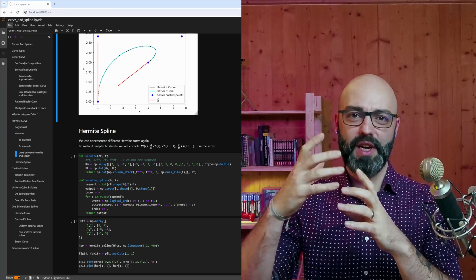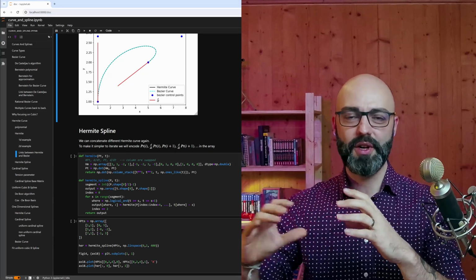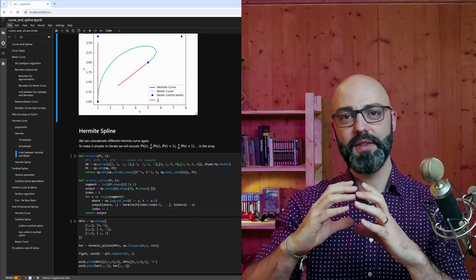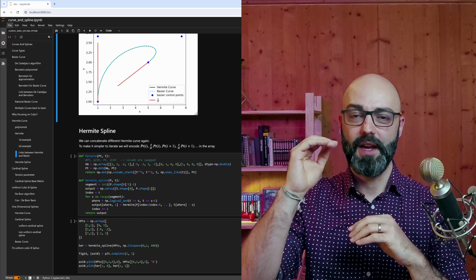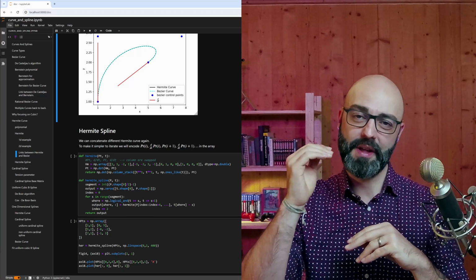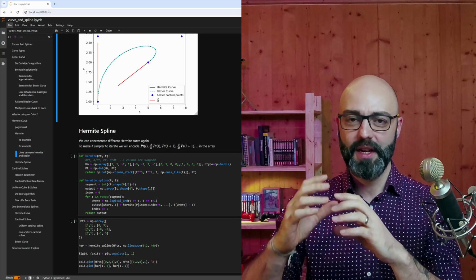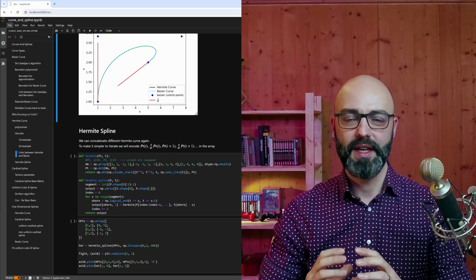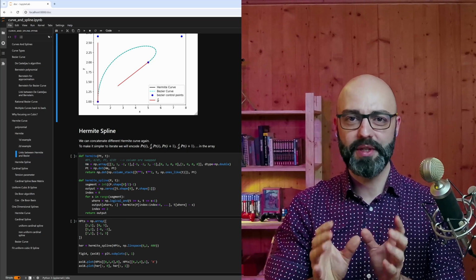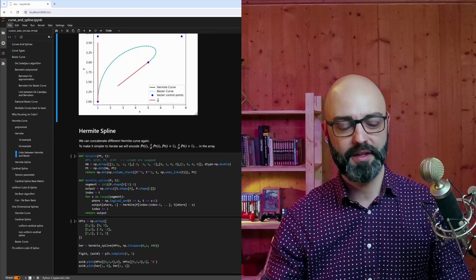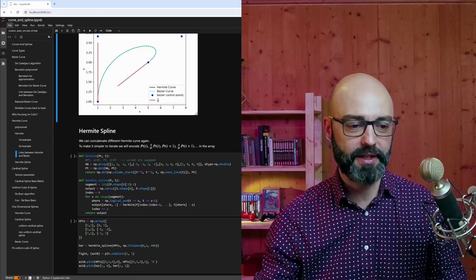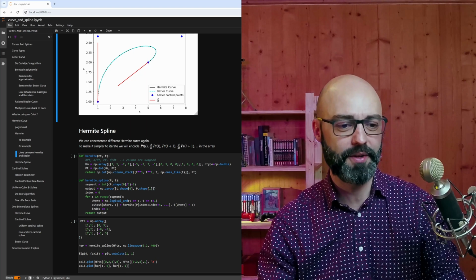But if I want to share the data between a bunch of curves, it would make more sense if in my data I had point 0, derivative of point 0, point 1, derivative of point 1. So I can just move forward inside of my list of points and derivatives, and I can build a spline this way. So this is what I've done.